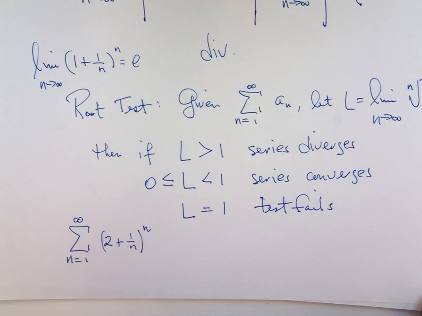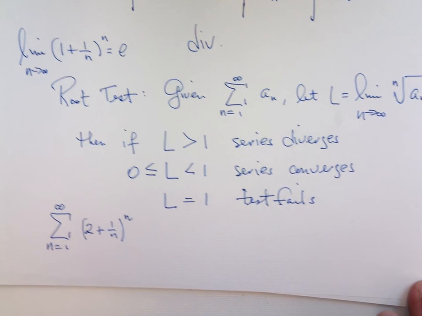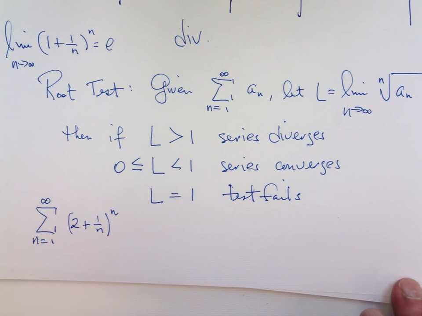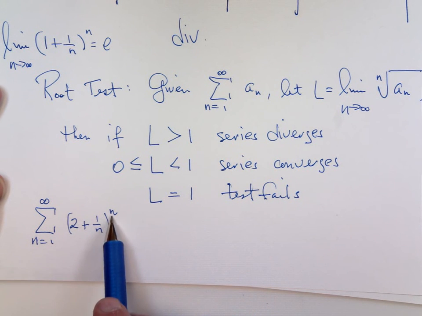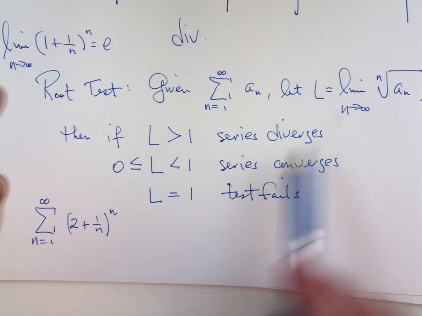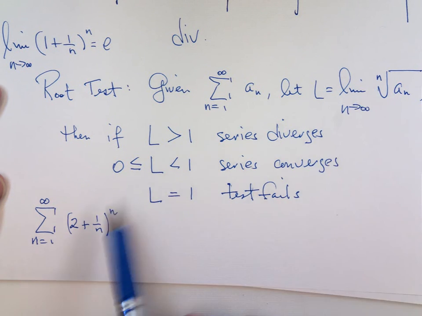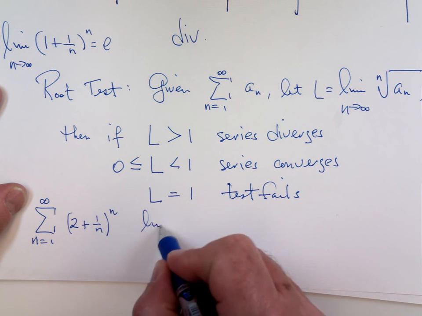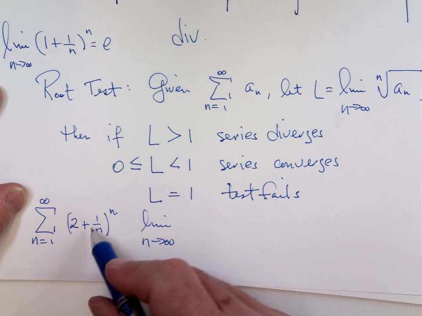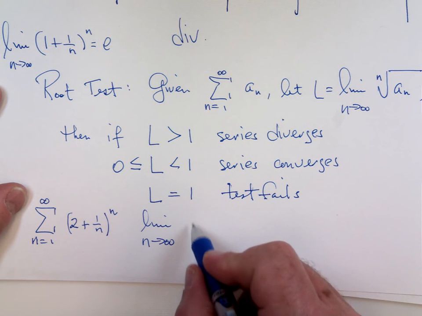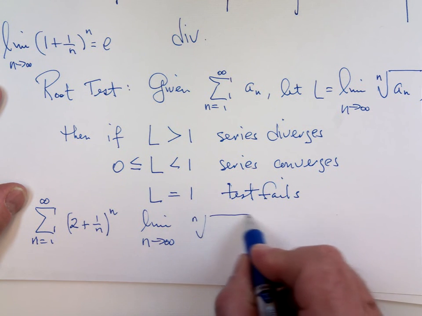Okay. Yeah, no problem. The only time you use a root test is when you have an exponent hanging out by itself like this. Why? Because the root test will cancel that n out. So the root test says, what we're going to do is take the limit as n goes to infinity of the nth root of this nth term. But what is that nth root?